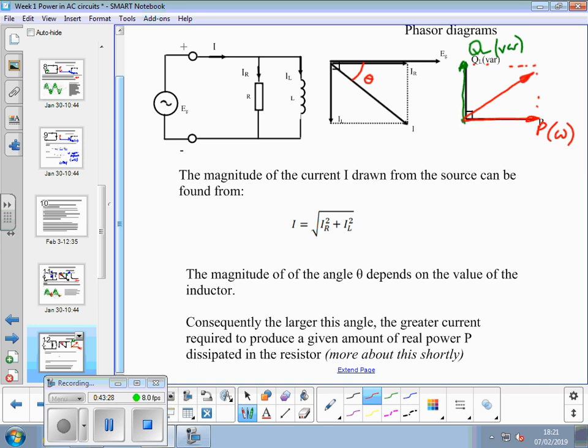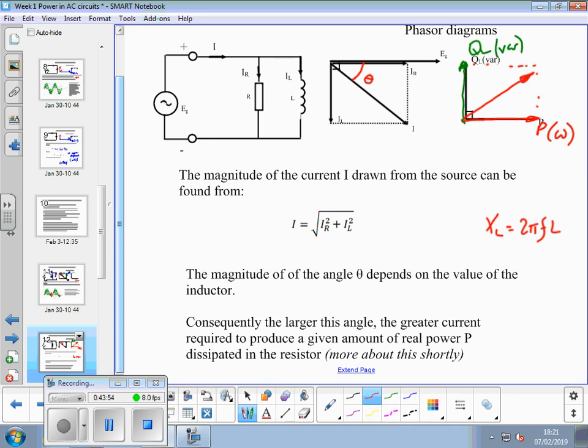Because if we increase inductance, remember XL is equal to 2 pi FL. So if we increase the value of the inductor, inductive reactance is going to go up, Q will go up, and that angle will steepen. And the overall current drawn from the supply will be bigger.